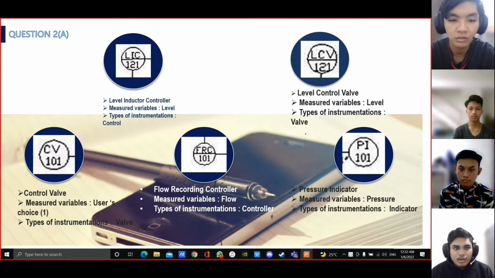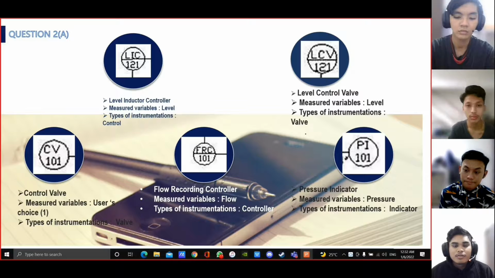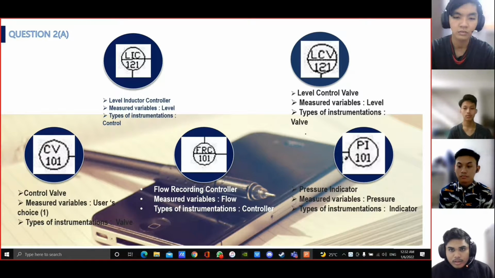LIC 121 is level indicator controller, measured variable level, type of instrumentation is controller. And lastly, LCV 121 is level control valve, measured variable level, type of instrumentation is valve.